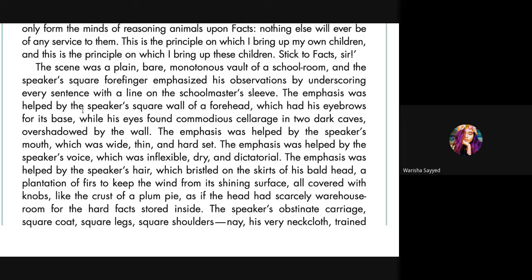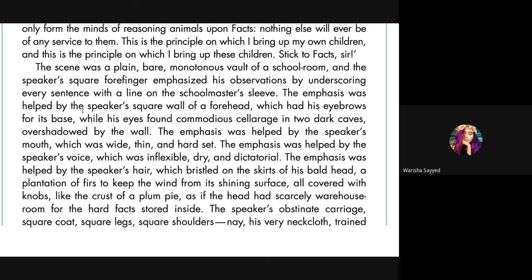The scene was a plain, bare, monotonous vault of a schoolroom, and the speaker's square forefinger emphasized his observations by underscoring every sentence with a line on the schoolmaster's sleeve. The emphasis was helped by the speaker's square wall of a forehead, which had his eyebrows uh, for its base, while his eyes found commodious cellarage in two dark caves, overshadowed by the wall.